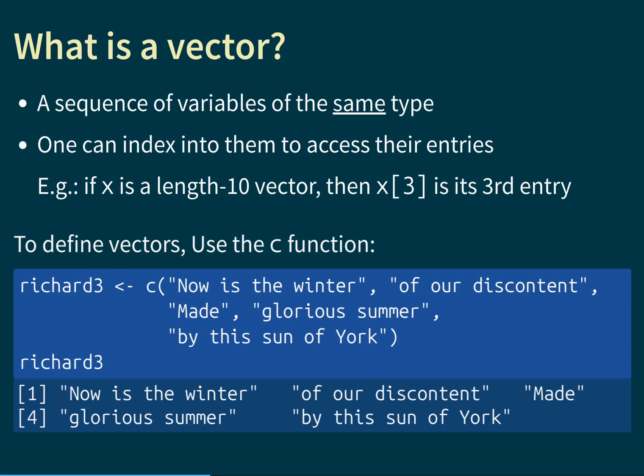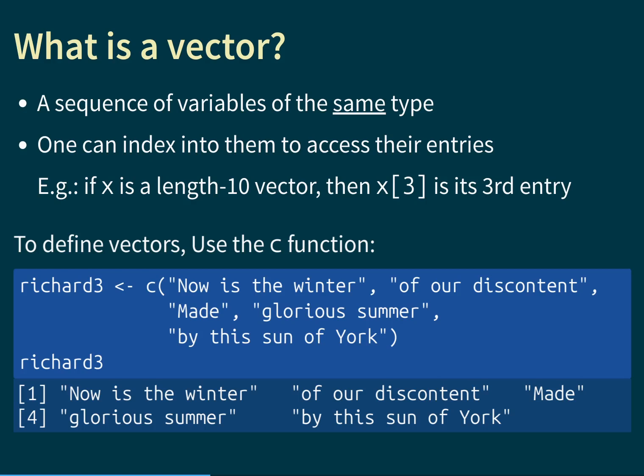As it happens, so far we've only worked with values and variables that have a single entry, and therefore this number 1 was the only entry that we could talk about. But when we have vectors to consider, then they can have multiple entries, and these bracketed numbers essentially just help us visually to tell which entry of the vector we're talking about. So as you see, in the first line, we have the first 3 entries of the vector: "Now is the winter," "of our discontent," and "made."